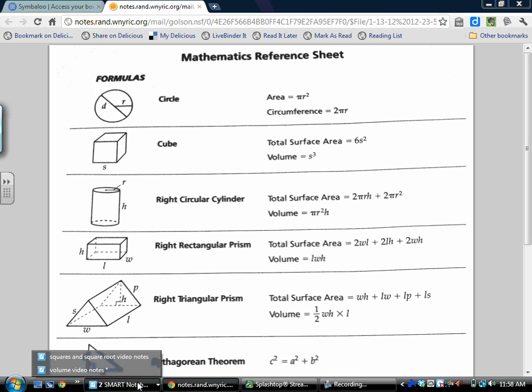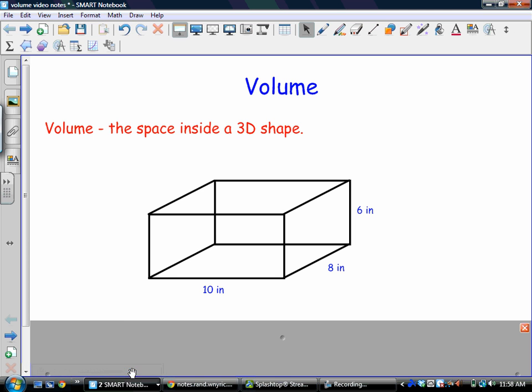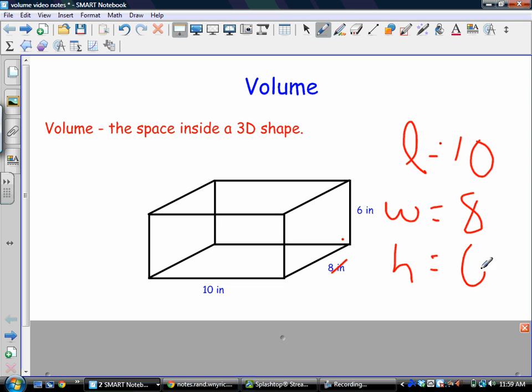So we can just match up our picture with the one they gave us. So that means the length is going to be 10 for us. The width is going to be the 8 over there. And the height, going from bottom to top, is 6.